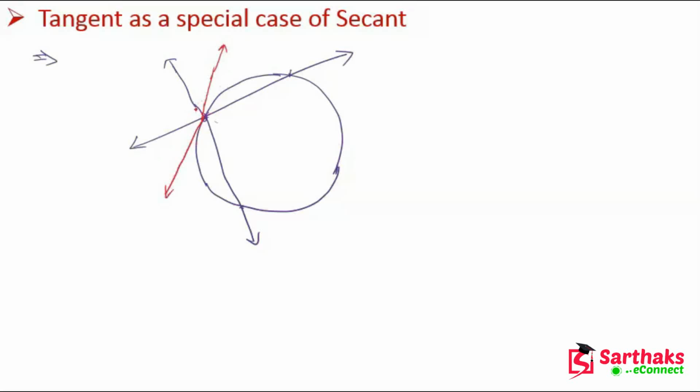So the tangent to a circle can be seen as a special case of secant, because in this case the two endpoints of chord 1 and chord 2 coincide, and from this point we are drawing the tangent. I hope you get this point. So now let's move on.